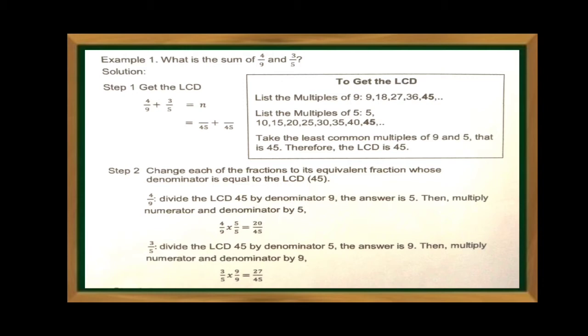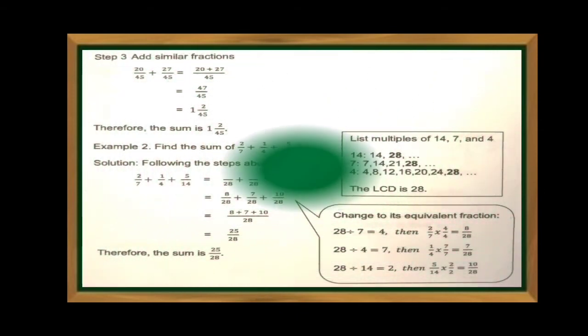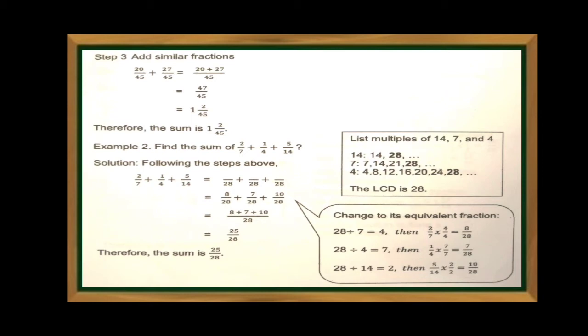So as we can see, they already have the same denominator, which is 45. Okay, so step 3. Add similar fractions, which is 20 over 45 plus 27 over 45 equals 20 plus 27 over 45, which is 47 over 45.